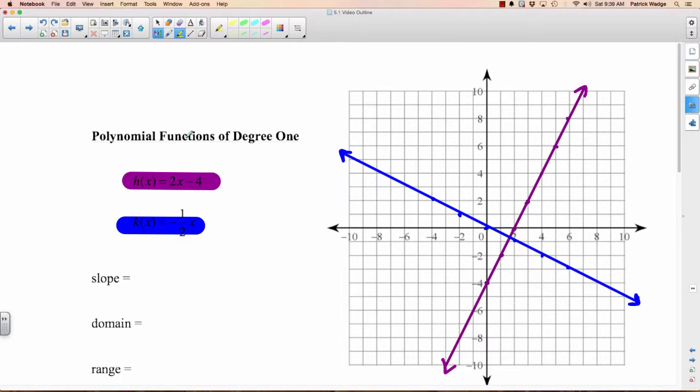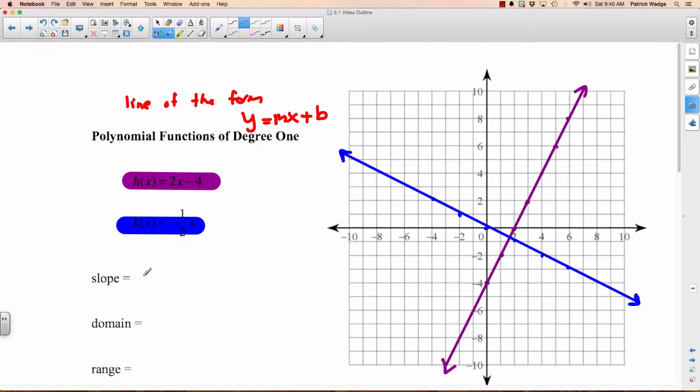And highlight this. So what are we looking at here when we have polynomial functions of degree 1? Basically, what we end up with is a line of the form y equals mx plus b. And you know some stuff about y equals mx plus b. What's the slope of a line y equals mx plus b?